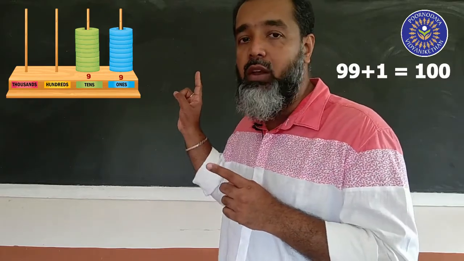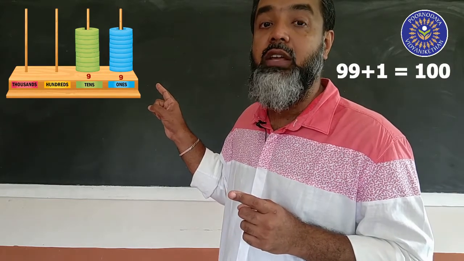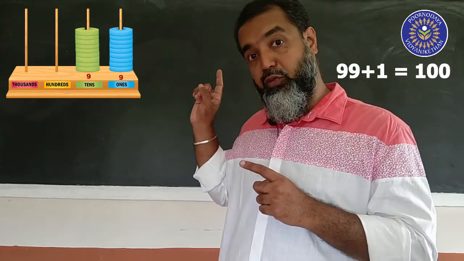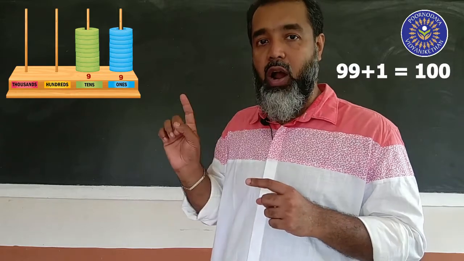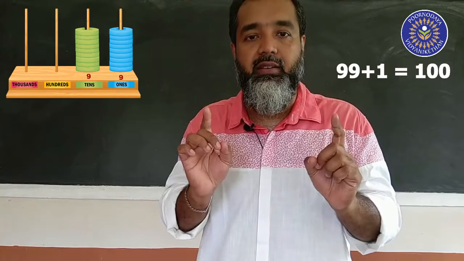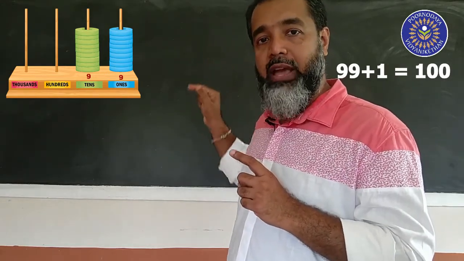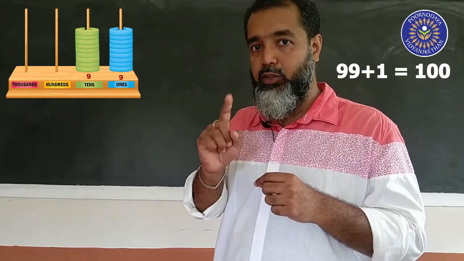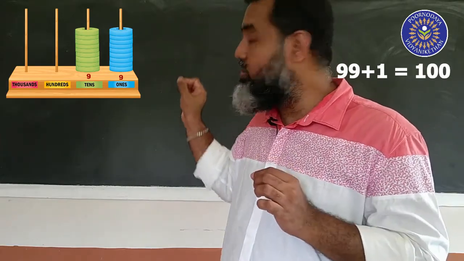And that 1 will go on the hundreds place. The same way, before, when we learned 9 plus 1, you got 10. What did we do? We had 9 in the ones place, and when you added 1, you got 10, and you put that 1 in the tens stick.